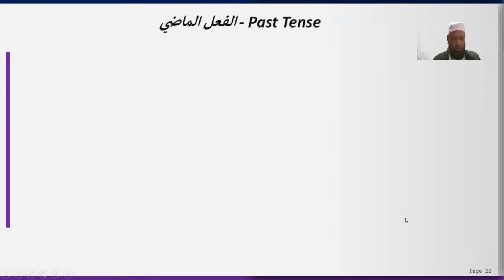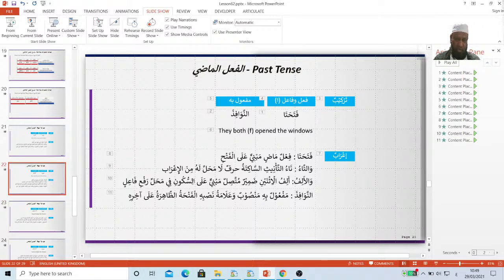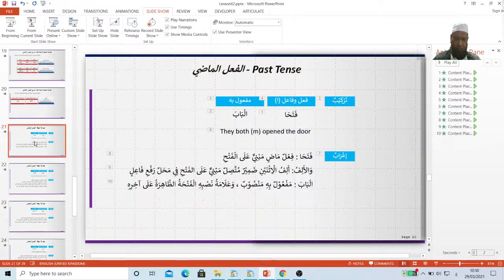Come on, you need to correct me as well if I make a mistake. So that was الألف ألف الاثنين ضمير متصل مبني على السكون. It was correct.